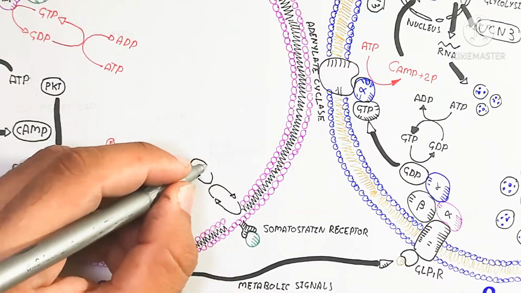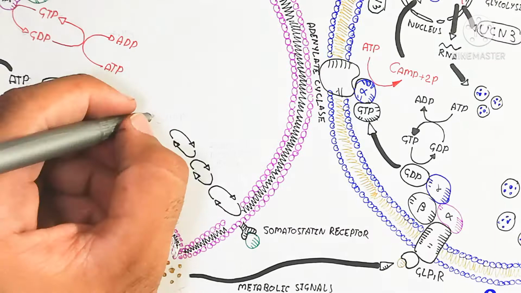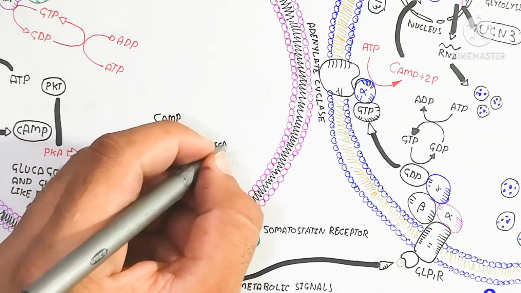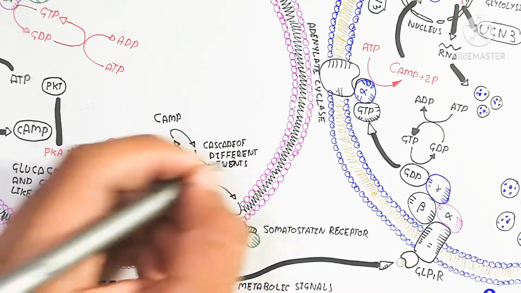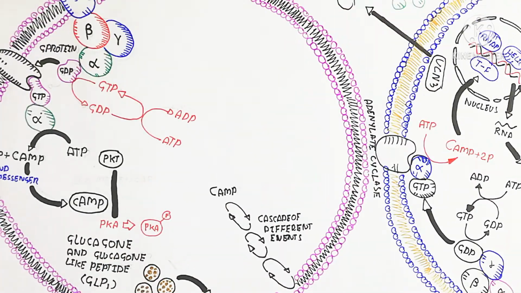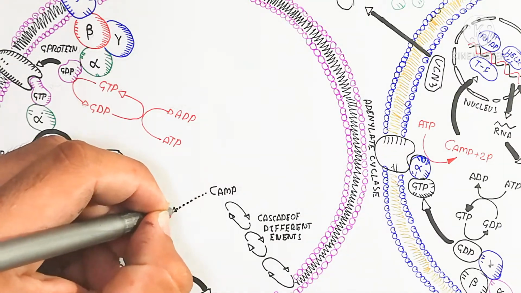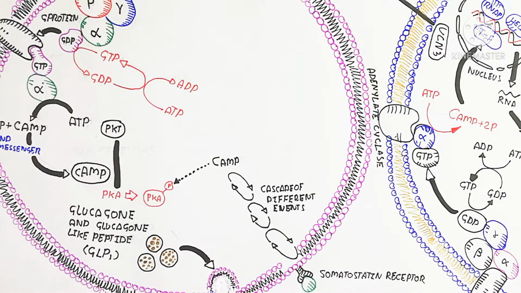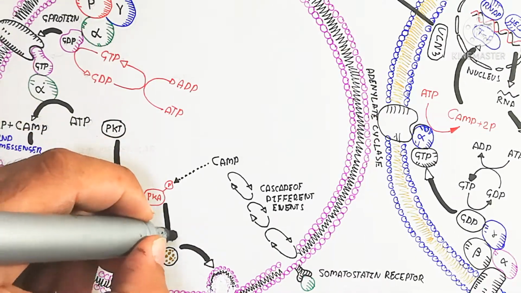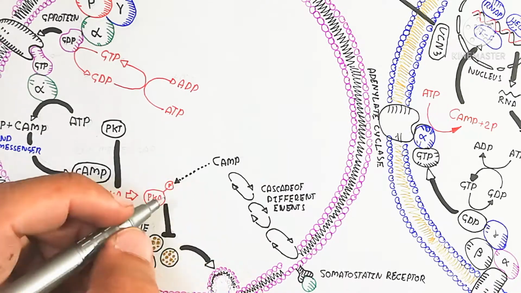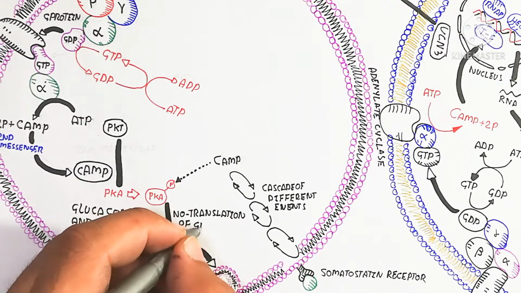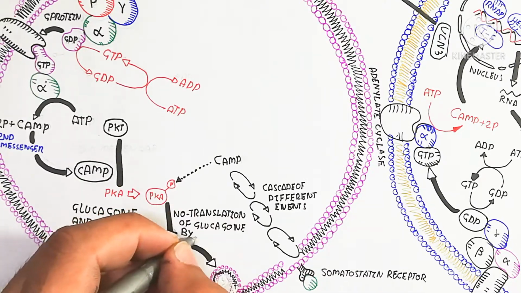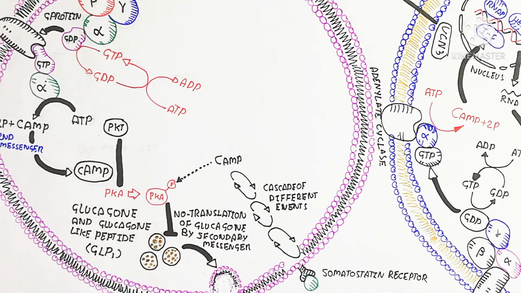The cascade of different events occurs by the binding to produce a second messenger known as cyclic AMP, which leads to producing protein kinase A by activation of phosphorylase, the same mechanism, and that goes into the nucleus, where the transcription factor is present, which is suppressed by this mechanism, because the somatostatin receptor is used for inhibition of the production of glucagon.